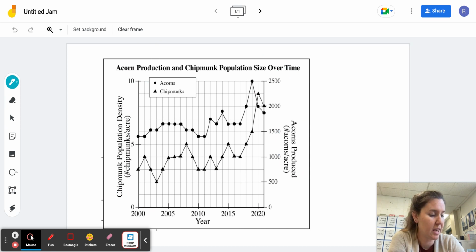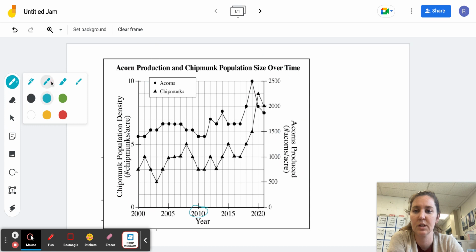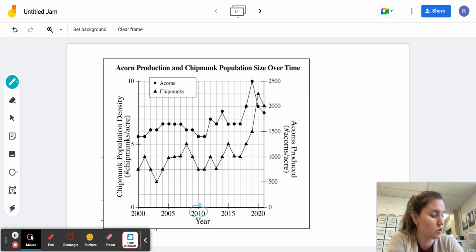Now, number 3 asks, how many acorns were produced per acre in year 2010? So for that, we're going to look for 2010 here. Here it is. I'm going to change to a thicker writing thing. And in the year 2010, acorns, we can see, are the circles.